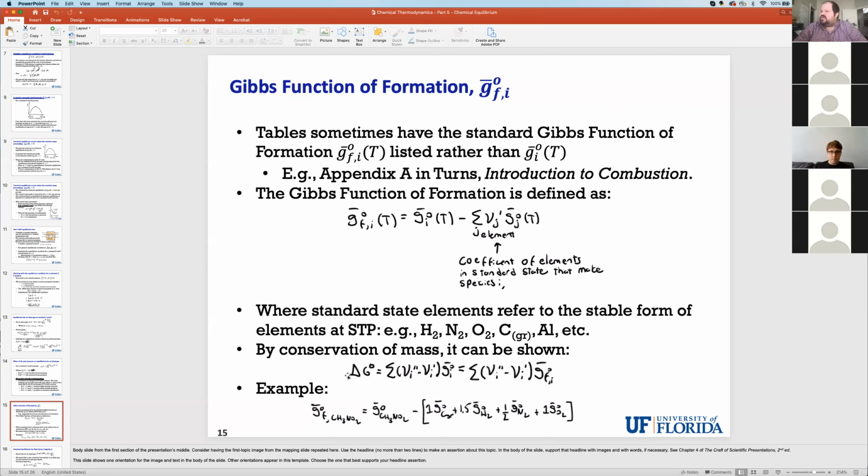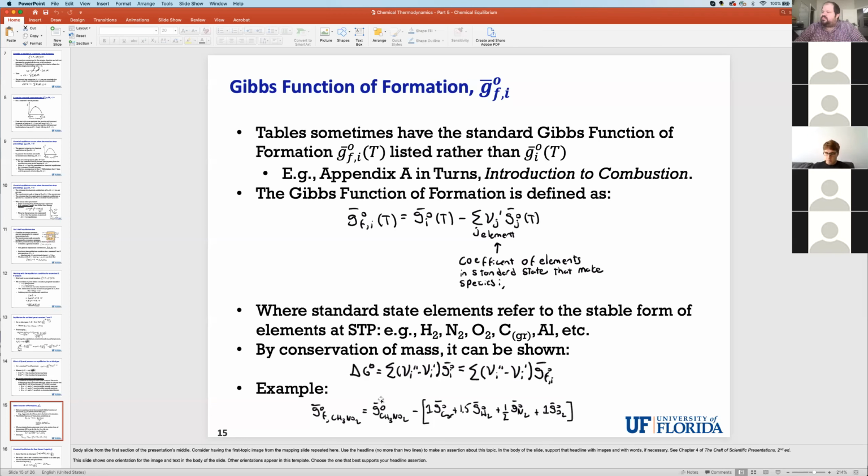You can show using conservation of mass that delta G naught is defined to be this, but it's also equal to the sum of the nu_i double primes for the products minus nu_i prime for the reactants times the Gibbs function of formation.